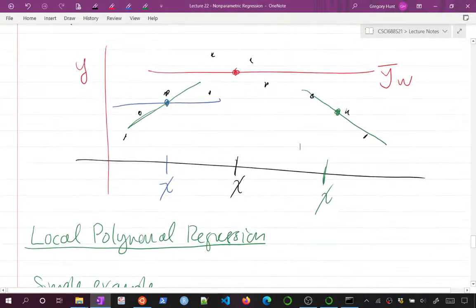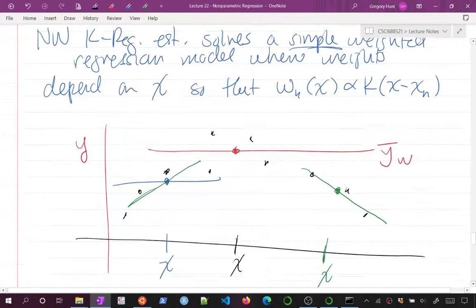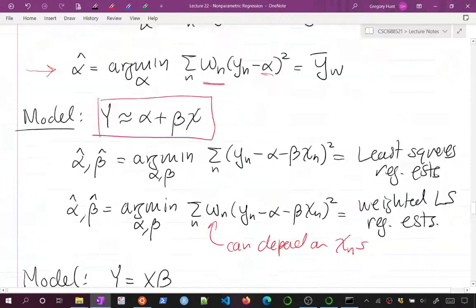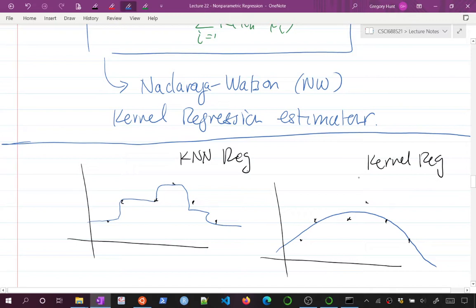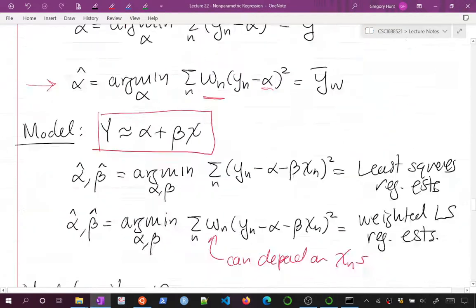But it's basically at each point you want to predict, you're fitting whatever polynomial regression, and it downweights training points that are far away from where we want to predict, and upweights the points that are nearby. And it does this in a smooth way using a kernel, so that we get ultimately a smooth estimate. So it will look more like this kernel regression estimate that smoothly varies over the space, rather than this kind of jumping around KNN regression.